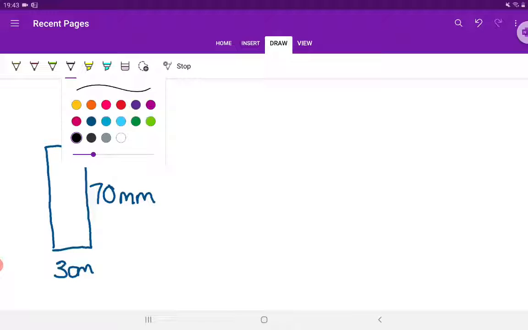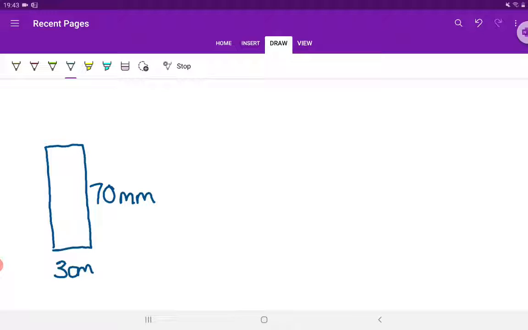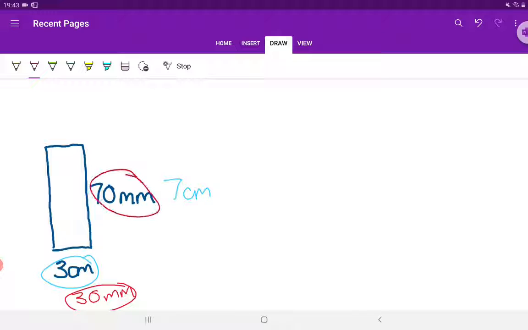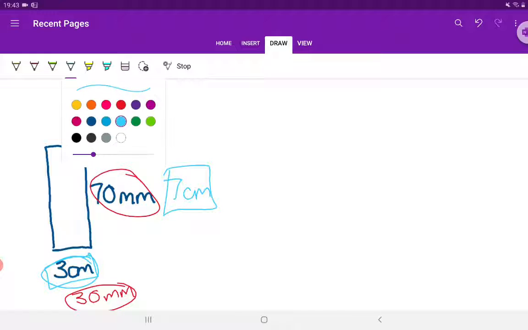Now, you could either go for changing the 70 millimetres into centimetres, so we would have 7 centimetres and 3 centimetres, or you could change the 3 centimetres into 30 millimetres, and then you would be working with 30 and 70. Now, if I was you, I would suggest that we stick with the 7 and the 3, okay, because they're smaller numbers, they're going to be easier to work with. The question's not told us to definitely use centimetres, definitely use millimetres, so we're going to do that.